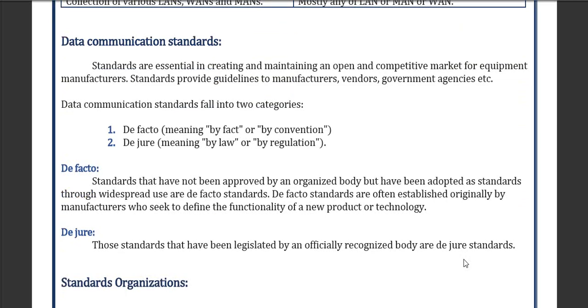Data communication standards are very important. There are two types of data communication standards. One is de facto and the other is de jure. De facto means convention, and de jure means law or regulation.